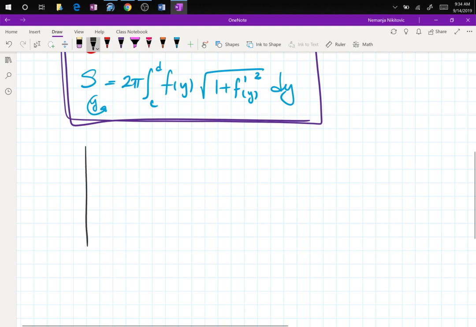So if I have a function like this, which goes out to 2 and goes up to 5, and I rotate this on the y-axis, it will create another side over here. It creates this circle on the bottom, and it creates a cone.